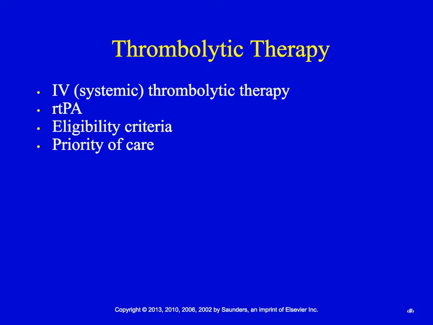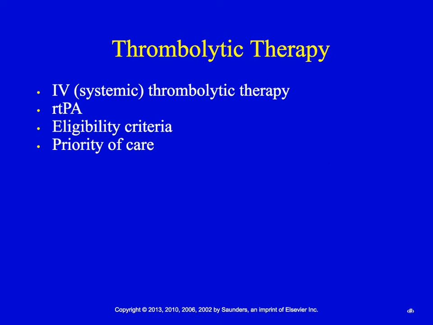So that's why one of our first questions when somebody comes in is, when did the symptoms start? We get a CT scan, rule out a bleed, and then if the onset of symptoms was less than 3 hours, we can administer the thrombolytic therapy.